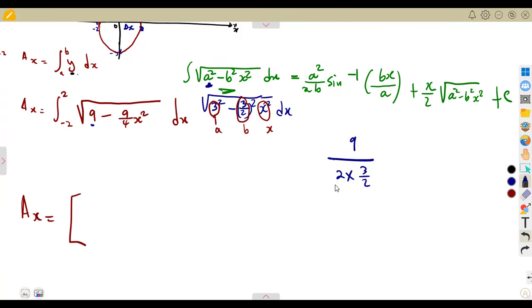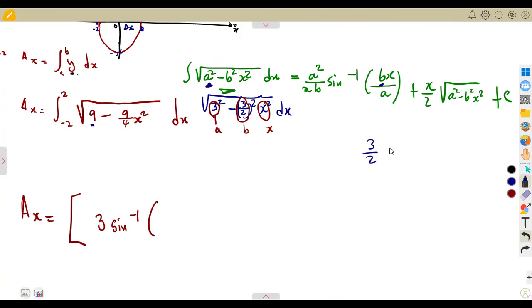If you simplify this properly on your calculator, this was going to give you 3. And this was going to be arcsine, so we've got 3 arcsine of bx over a. Our b, remember, is 3 over 2 from this number.